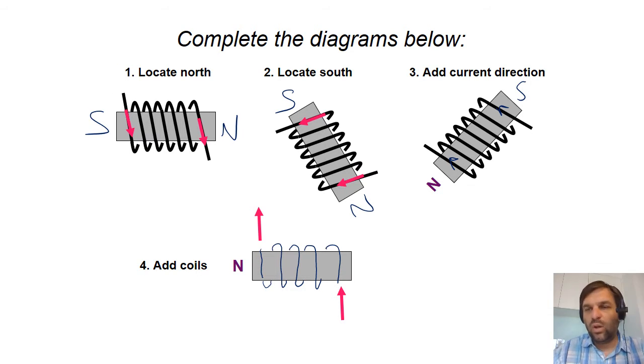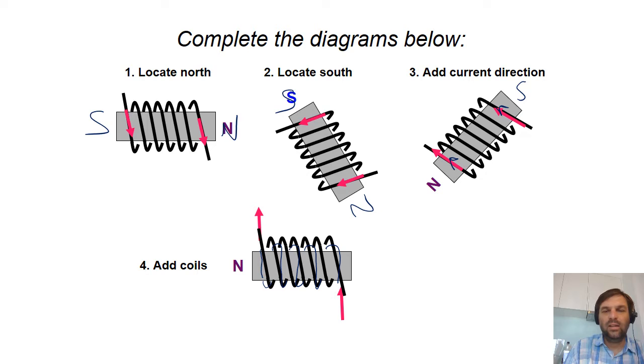So let's see if we got that correct. Okay, there we go. So the first example is correct. That is indeed the North Pole. That is indeed the South Pole for the second example. That is the correct direction of the current in the third example. And my great artistic impression, adding the wires to the coil, that is how we do it.